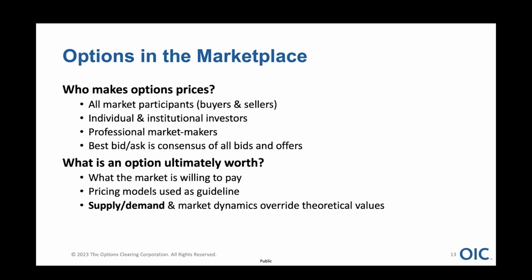Let's just say in this example that this big order gets cleaned up at $1.50. So now the new market is $1.40 bid offered at $1.60. And what if the stock is in the same spot? What's changed? Well, the demand for options has pushed up the fair value of that option from $1.10 up to $1.50. It's gone up by 40 cents due to the demand for those options.